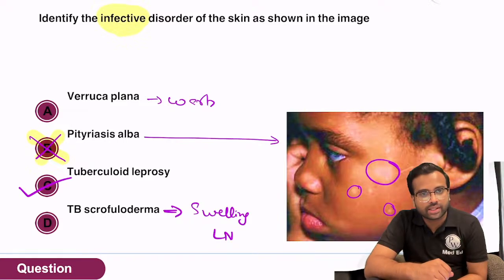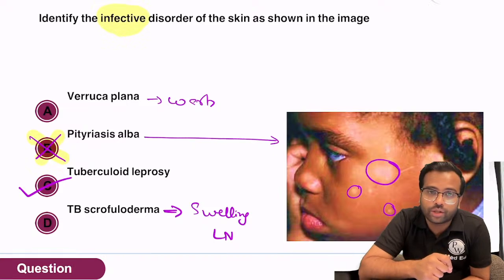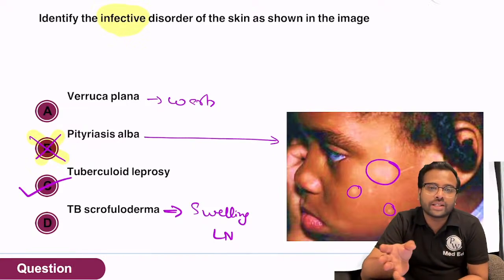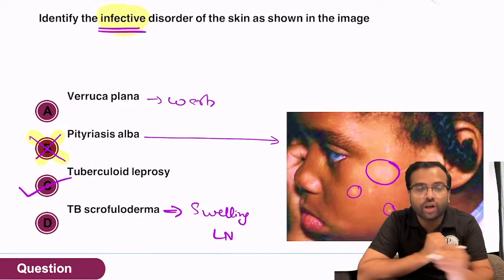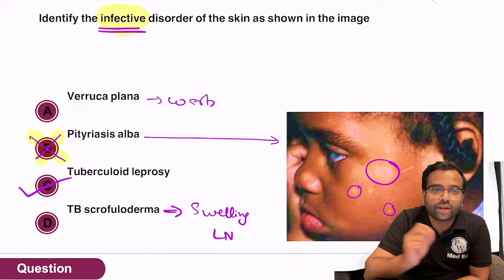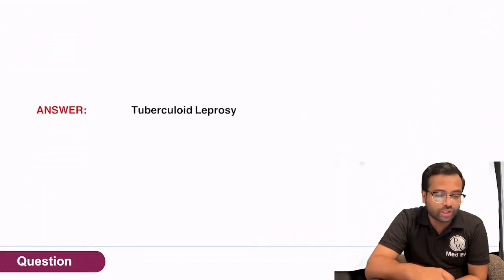Tuberculoid type of leprosy. So you have to be very, very sharp when it comes to doing the MCQs, because some of the images and the question can be deceiving, because many of you may think that this is pityriasis alba. Just one word in this MCQ, infective, has changed the answer, isn't it? So that is all about this question as well.